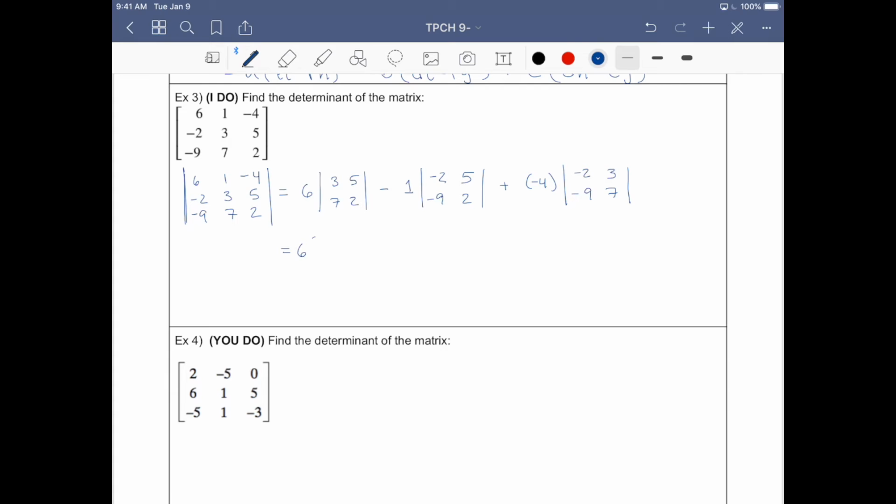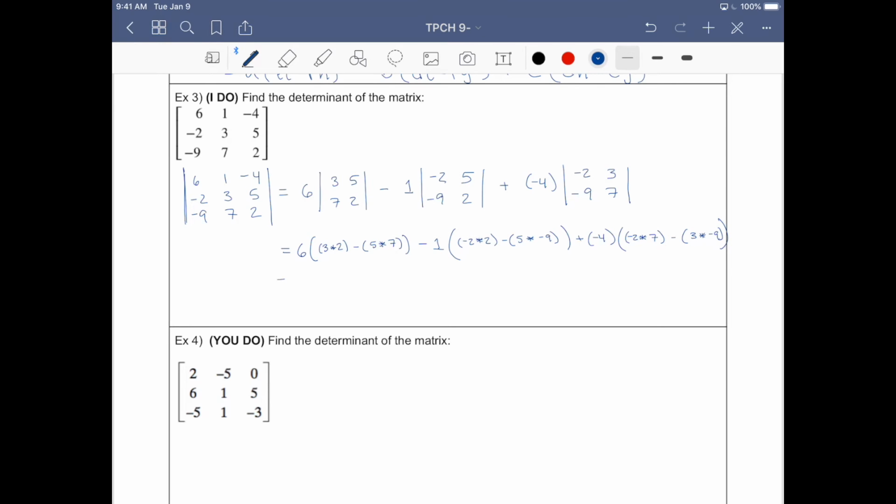Now that's going to be 6 times (3 times 2 minus 5 times 7), minus 1 times (-2 times 2 minus 5 times -9), then plus -4 times (-2 times 7 minus 3 times -9).